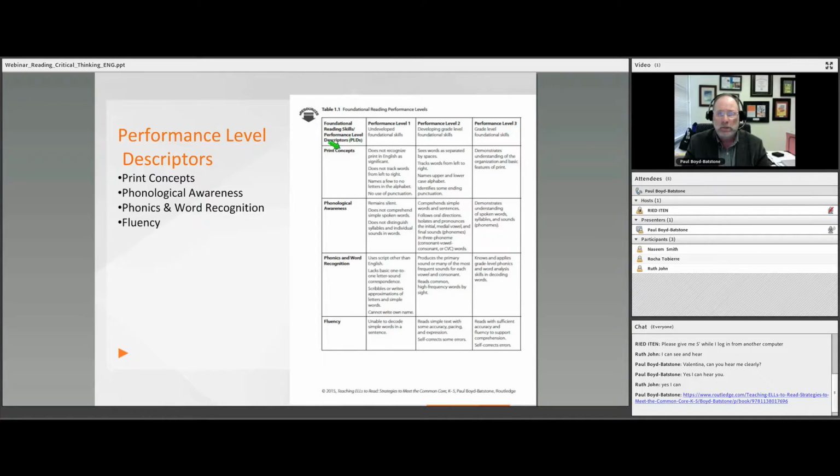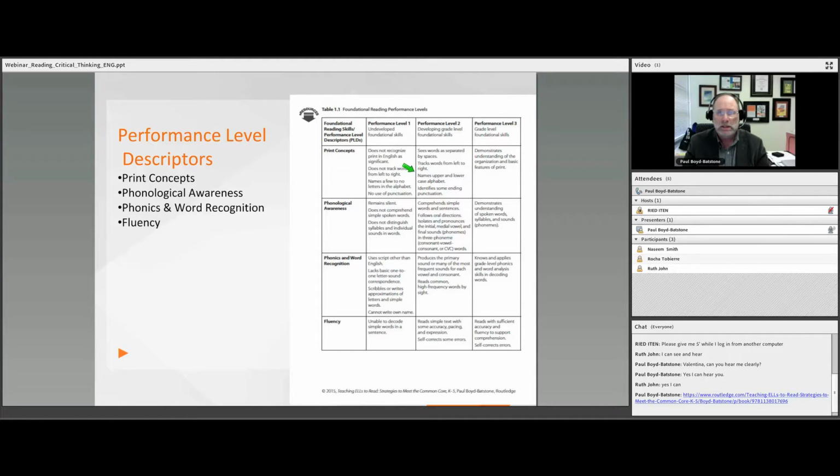Level 1 performance is unable to decode simple words in a sentence. Let's compare that with print concepts. I'm going to go up to print concepts. A level 2 is to see words as separated by spaces and can track words from left to right. You name upper and lower case alphabet, identifies ending punctuation.